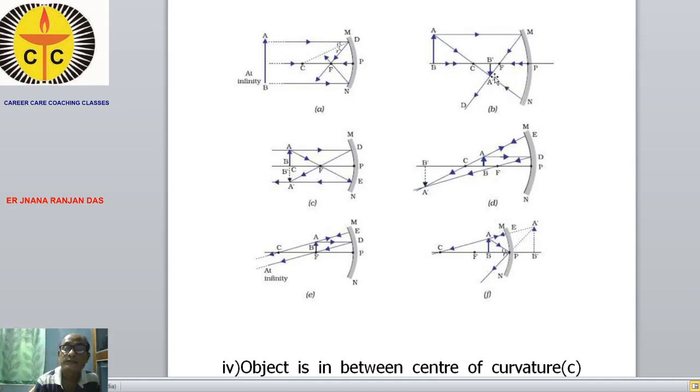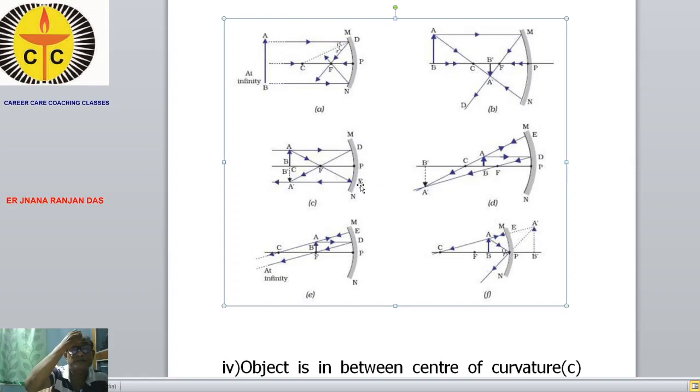When they return, they intersect each other at this point A dash. So the image of A is formed at A dash, and similarly the image of B is formed at B dash, when the object is placed between the center of curvature and infinity.